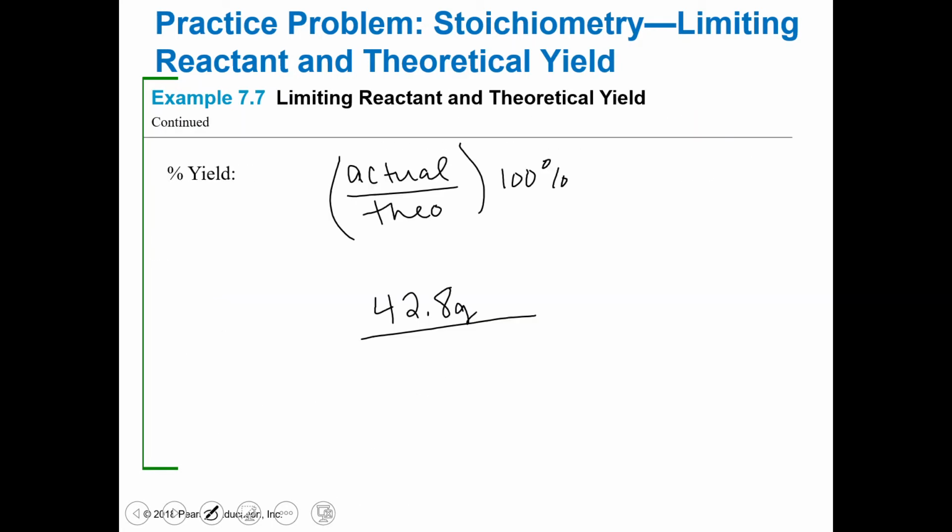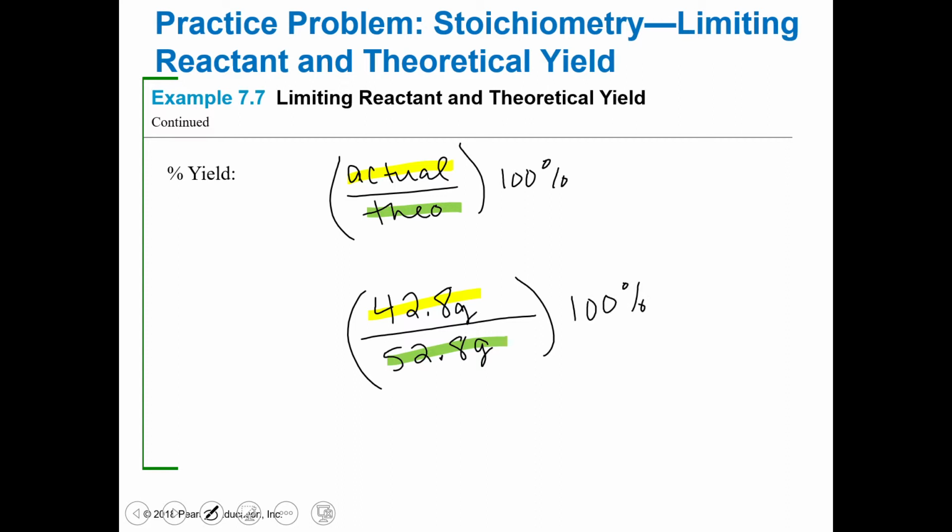So we have our actual, what somebody did in a lab, actually doing in a lab, and our theoretical, on a piece of paper, mathematically, in a perfect world, what should they have gotten? And this is times 100%.